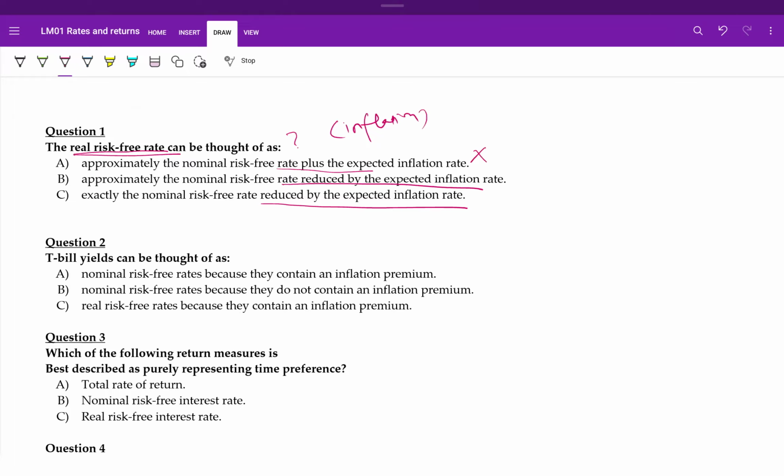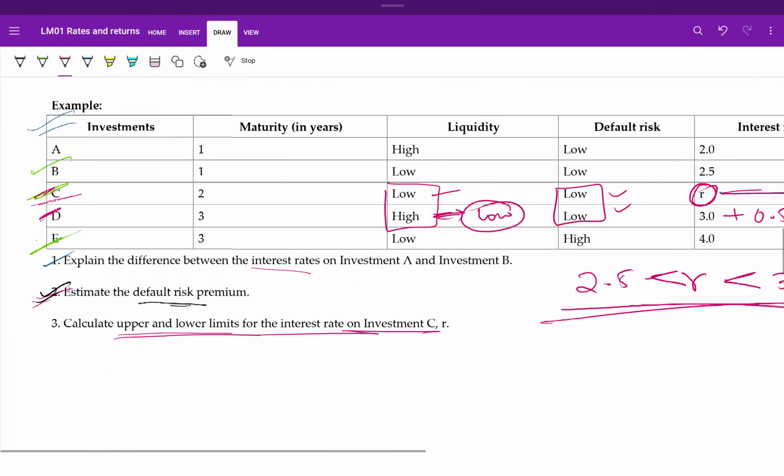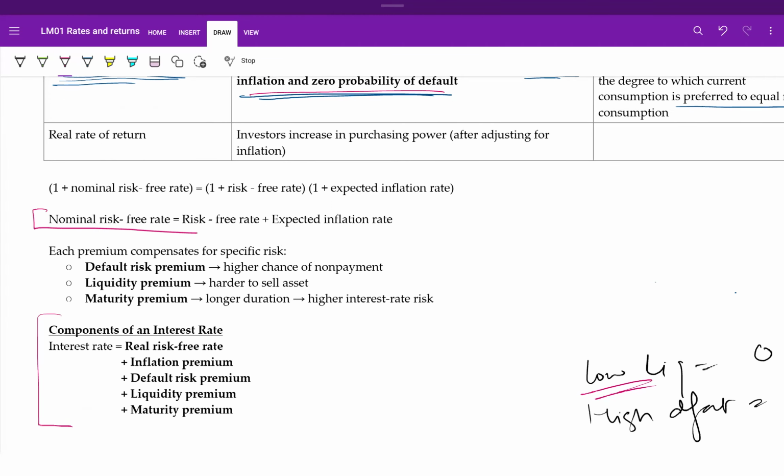So option number A is already wrong. But is it exact or is it approximate? That's the question. So real risk-free rate is approximately the nominal risk-free rate reduced by expected inflation. The approximate relationship between nominal rates, real rates, and expected inflation can be written as this equation: nominal risk-free rate equals real risk-free rate plus expected inflation.